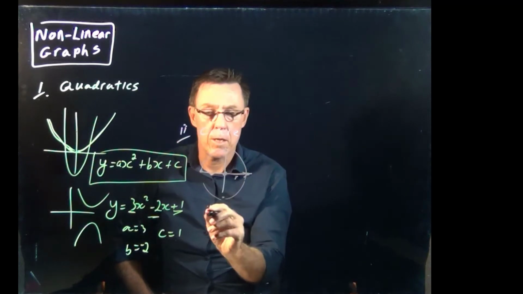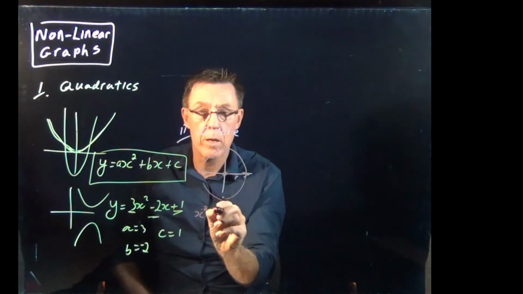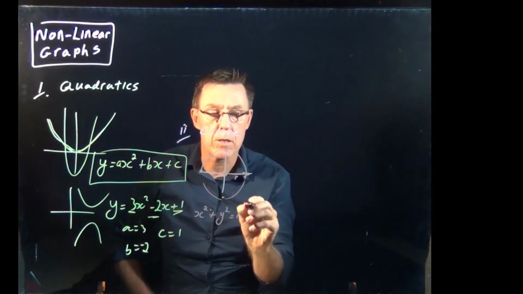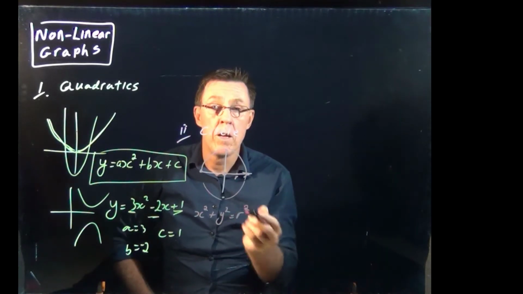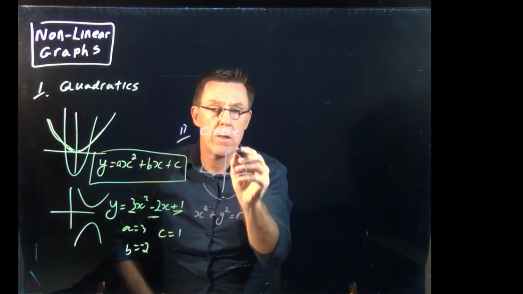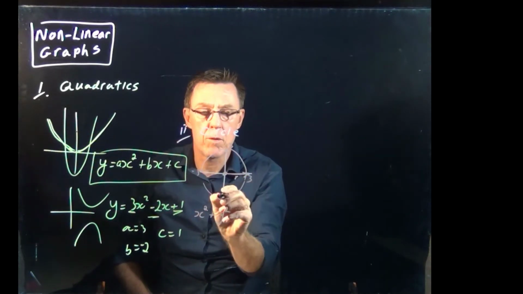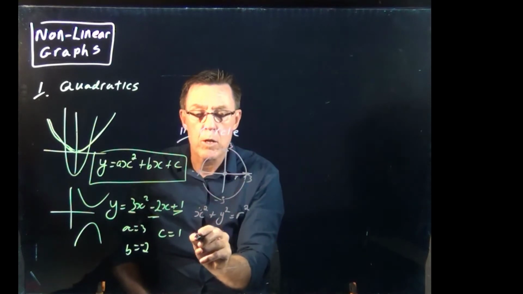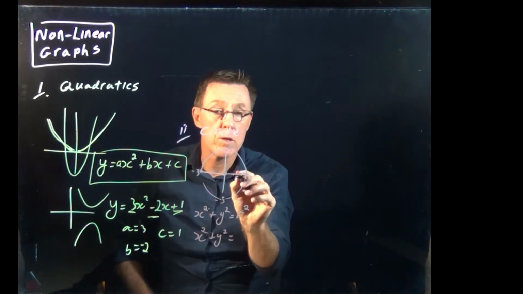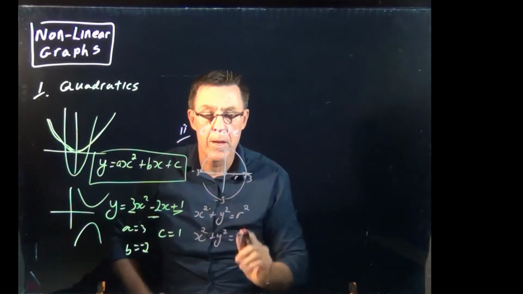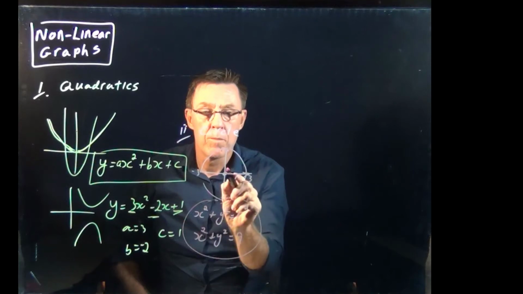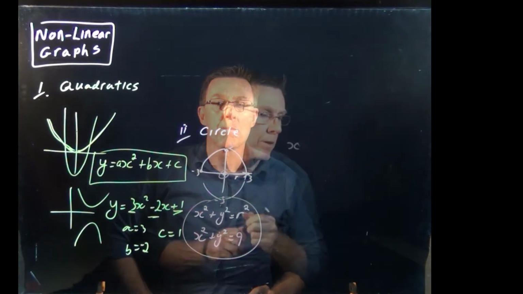Its general form is x squared plus y squared is equal to whatever the radius is, squared. On this particular one, if the radius was 3, it came out to 3 there, 3 there, -3, -3. This equation would be x squared plus y squared is equal to 3 squared, which is 9. So that would be the general form of a circle with centre at the origin.